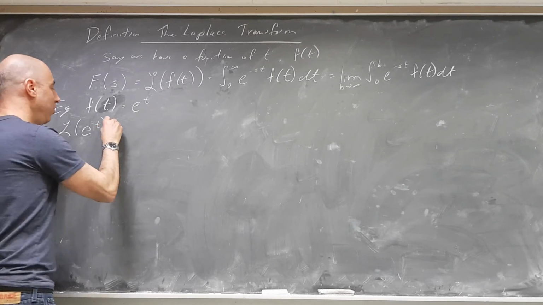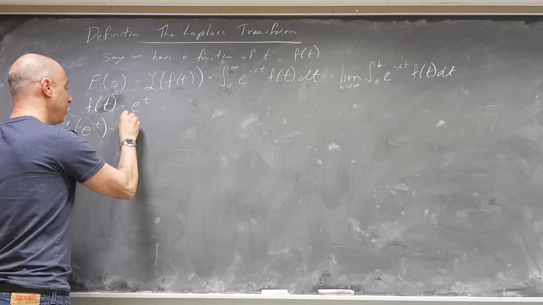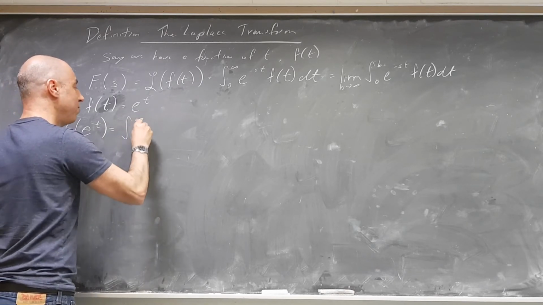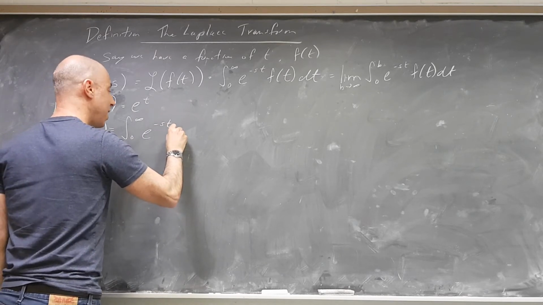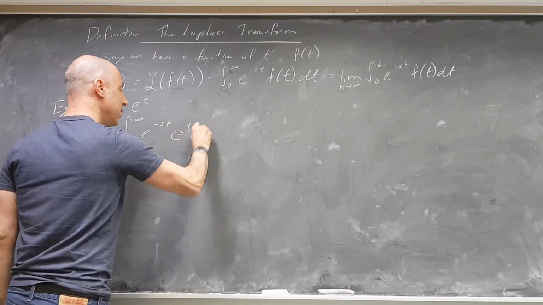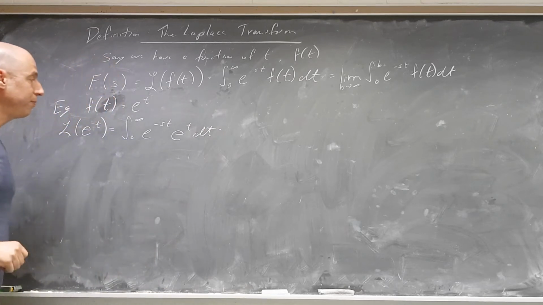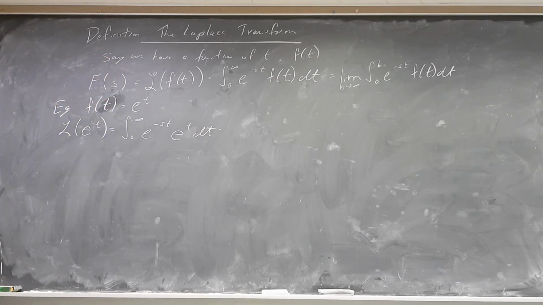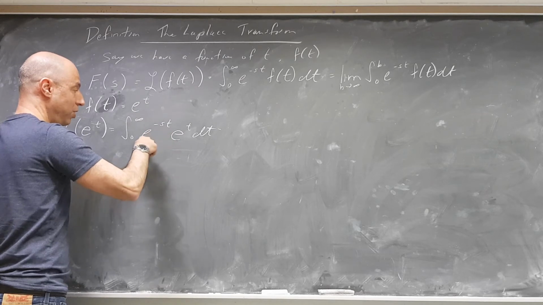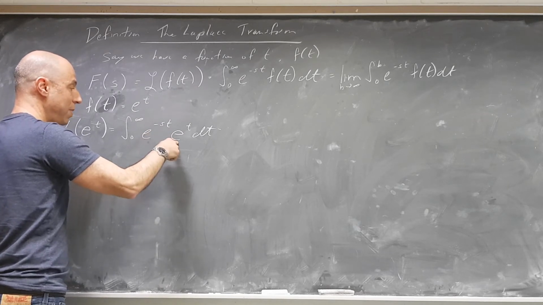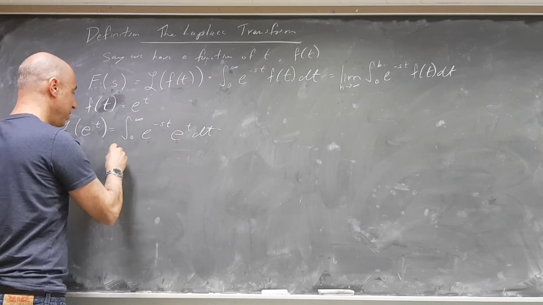According to the definition, this is the integral from 0 to infinity of e to the minus st times e to the t dt. And we know what to do with the inside bit here. We're just going to do some algebra. When you multiply powers with the same base, you add the exponents.